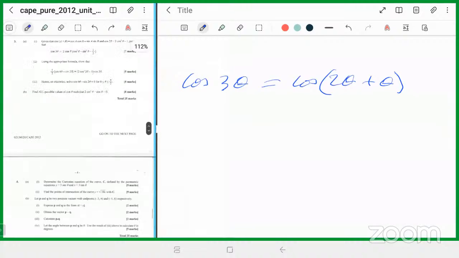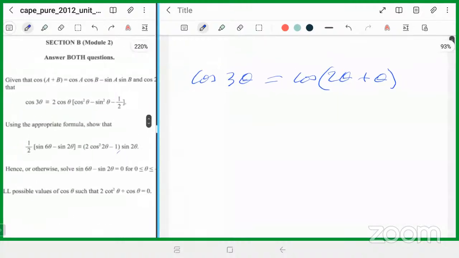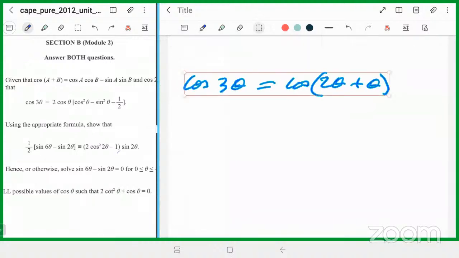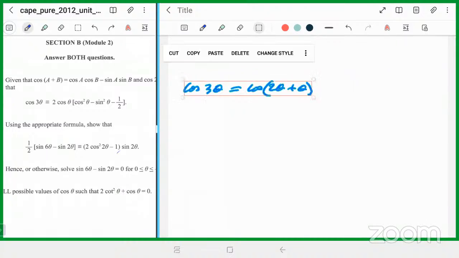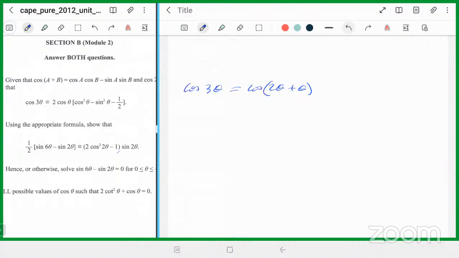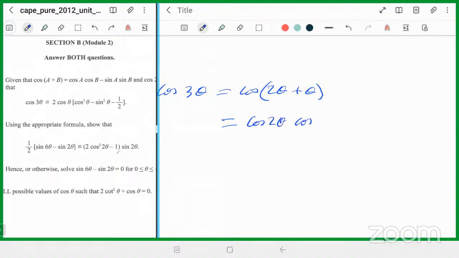That can be written as that. And I'm going to expand this now as a compound angle. The expansion of cos is cos cos minus sine sine. So this is cos 2 theta cos theta minus sine 2 theta sine theta.